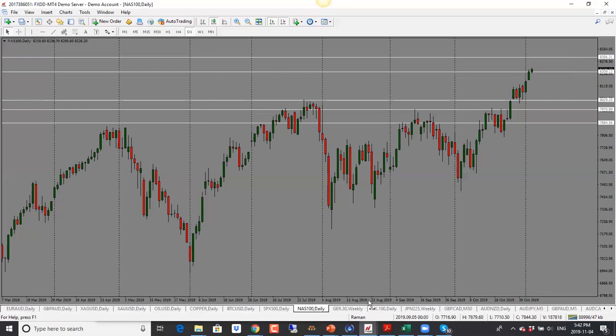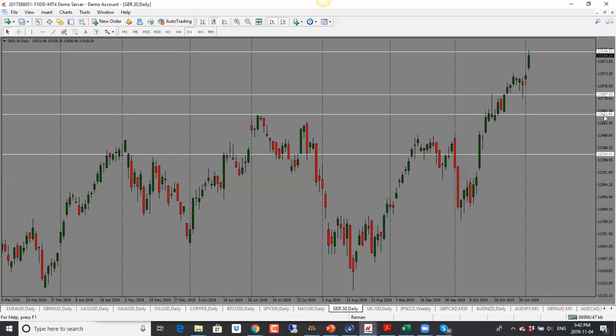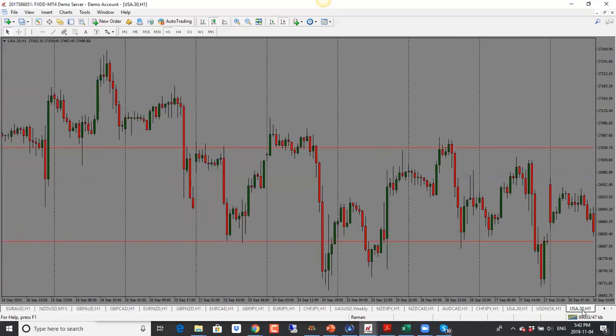The next one is DAX, which is looking bullish as well. Actually, before we go there, let me bring up Dow Jones here. Just going to bring it back here.